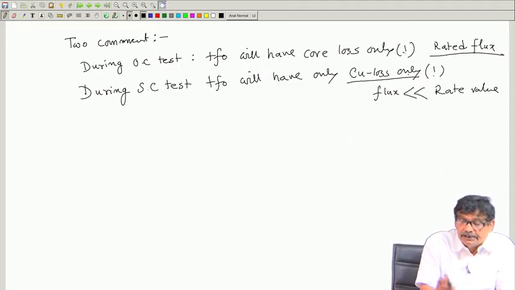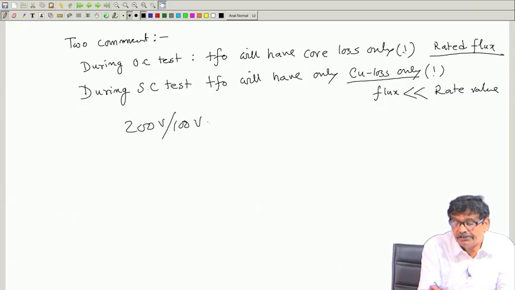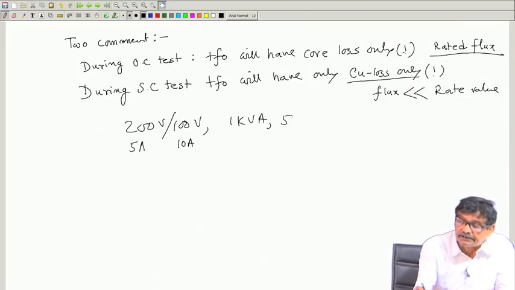But certainly, you have purchased a transformer, for example, the same good old transformer I am always referring to for easy calculation, 1 kVA etcetera. Rated current is 5 ampere, rated current is 10 ampere, 50 hertz etcetera.